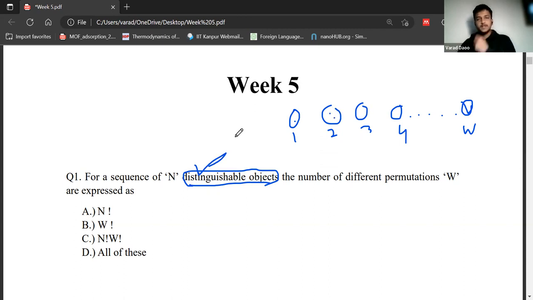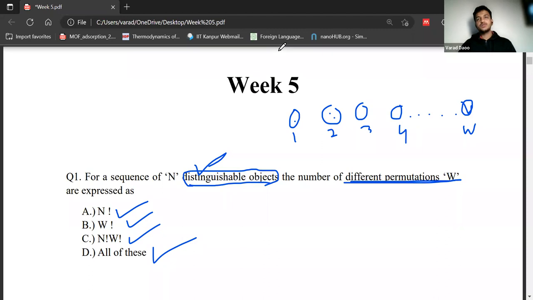What we want is the number of different permutations W possible. The first option is n factorial, the second is W factorial, the third is n factorial into W factorial, and the final is all of this. This is a relatively very easy question. I'll give you a couple of minutes to solve it. Try it out.